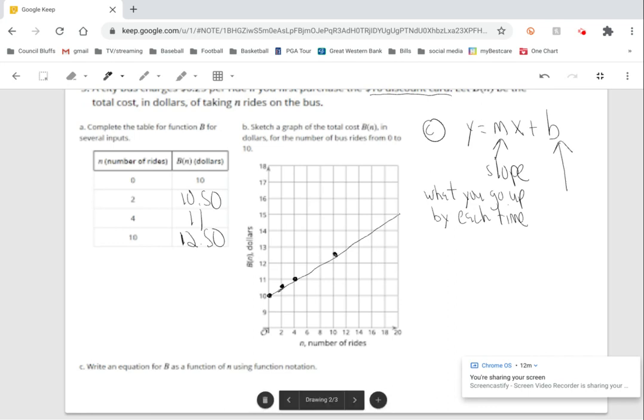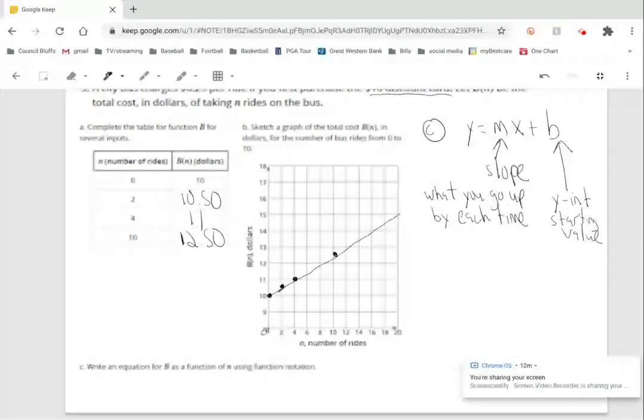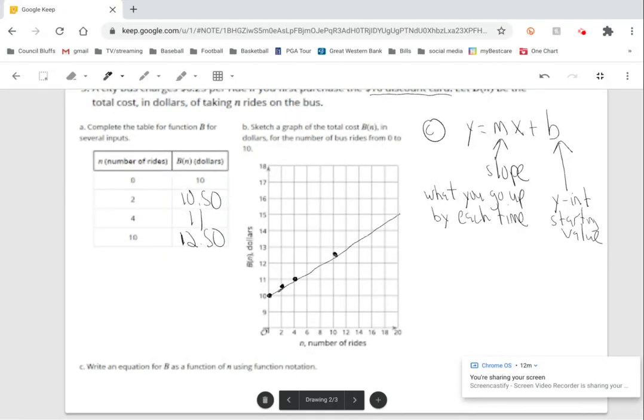The b value, this is what we call the Y-intercept. In this context, the Y-intercept is your starting value, or sometimes you'll hear me refer to it as the initial value. So they're all referred to as that.